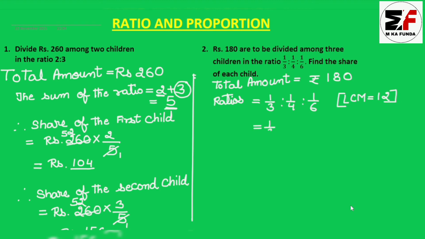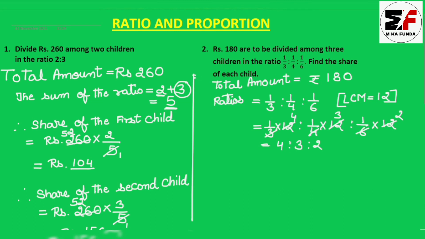So we need to multiply that 1 upon 3 into 12 is to 1 upon 4 into 12 is to 1 upon 6 into 12. So 3 4s are 12, 4 3s are 12, and 6 2s are 12. So we get 4 is to 3 is to 2.